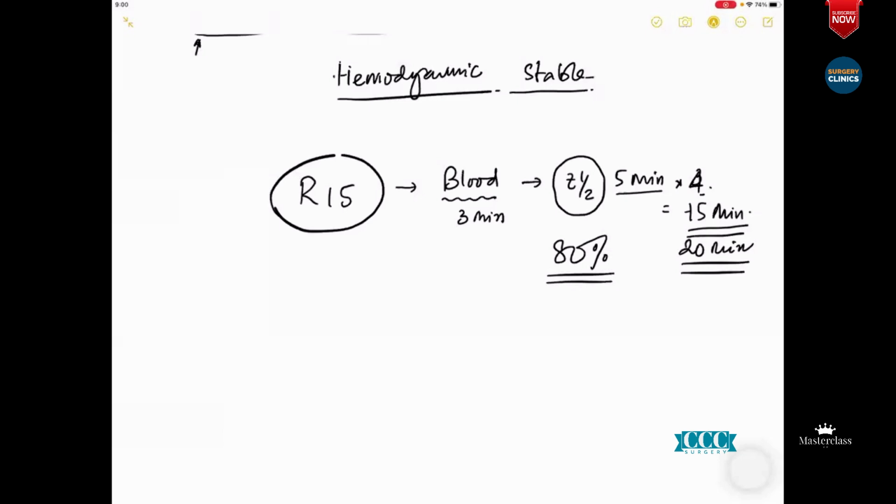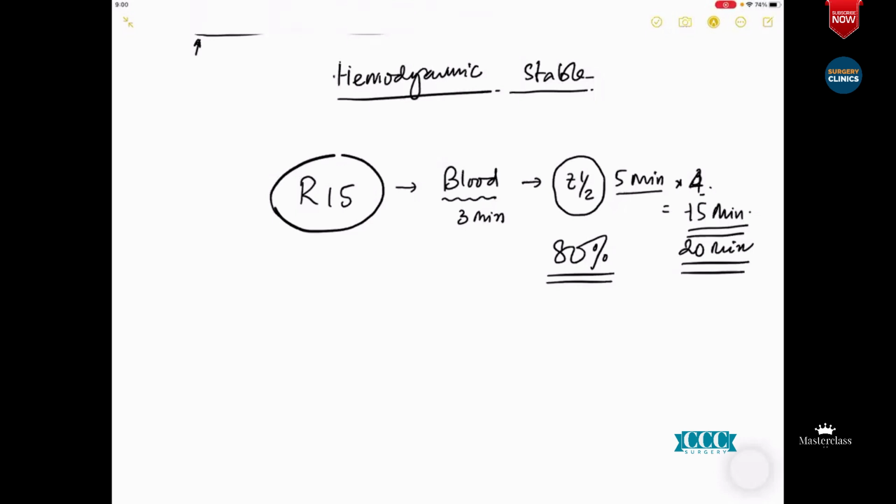Now, R15 values will thus be related to the amount of retention of ICG. Please understand that I will be repeating this fact again.